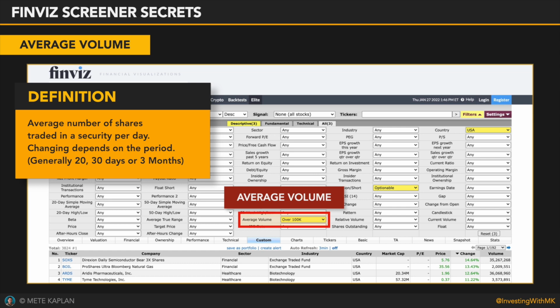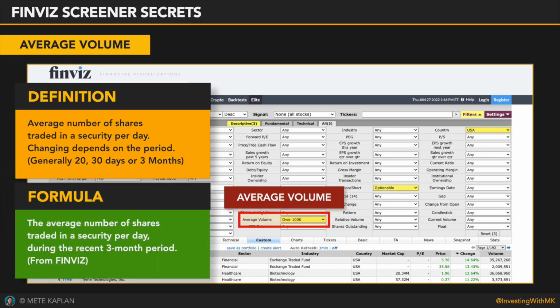For example, if a stock's trading volume is around 1 million shares per day for 30 days, that stock has an average daily trading volume of 1 million shares for the 30-day period. Finviz calculates this number for the last 3 months. My number one rule is never touch anything lower than an average trading volume of 100,000 shares per day.